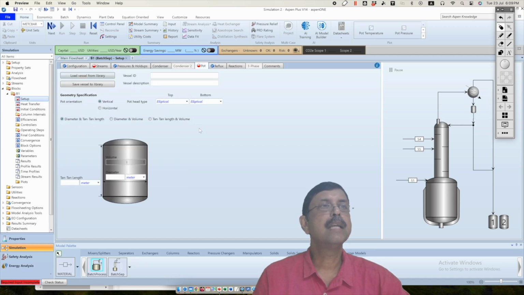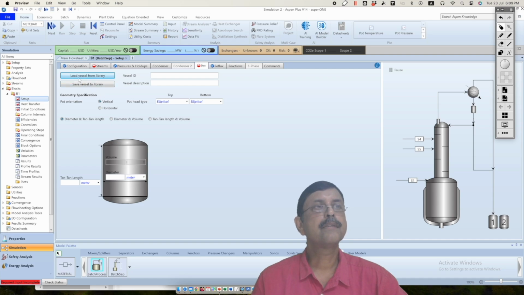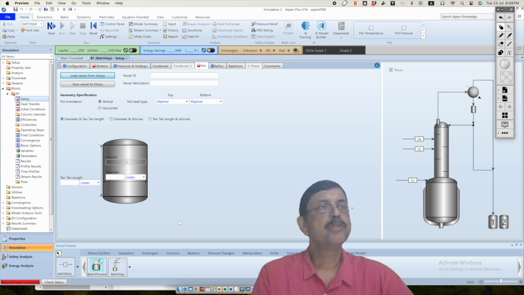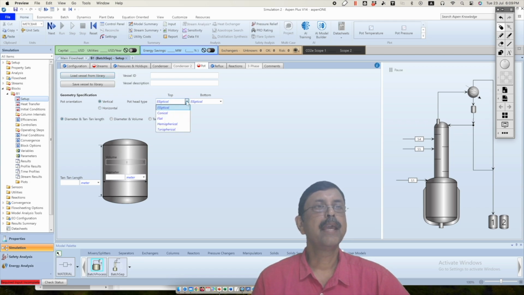And then the pot you have to specify. Now there is a vessel library available for the pot. You can choose from the vessel library, or you can provide just a few geometric specifications, like whether the pot is a vertical pot or a horizontal pot, whether its head is elliptical type or conical or flat shaped or hemispherical or torispherical.